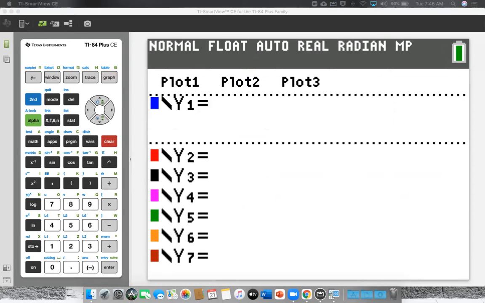Okay, so graph this one here. This is what you're going to put into your y equals: 4x cubed minus 10x squared plus 13x.